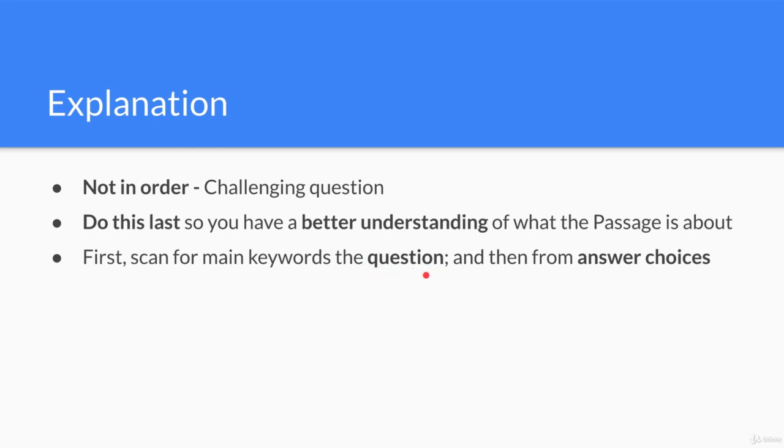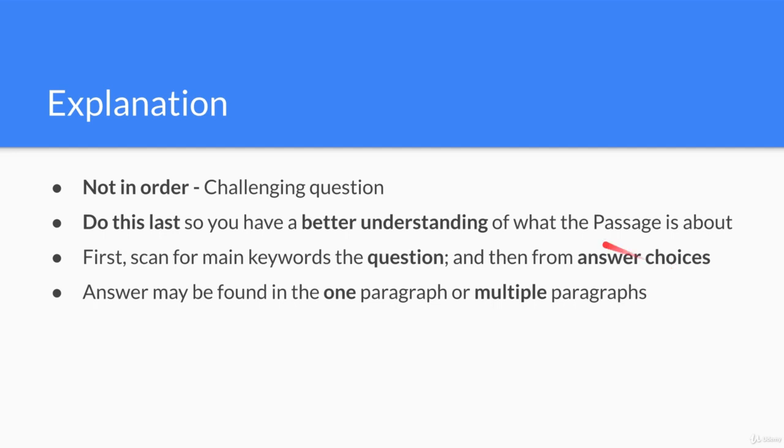And then once you have located that area, you should try to target down on the keywords from the answer choices and see if you can find any synonym language from the answer choices. We'll cover this in more detail very soon.